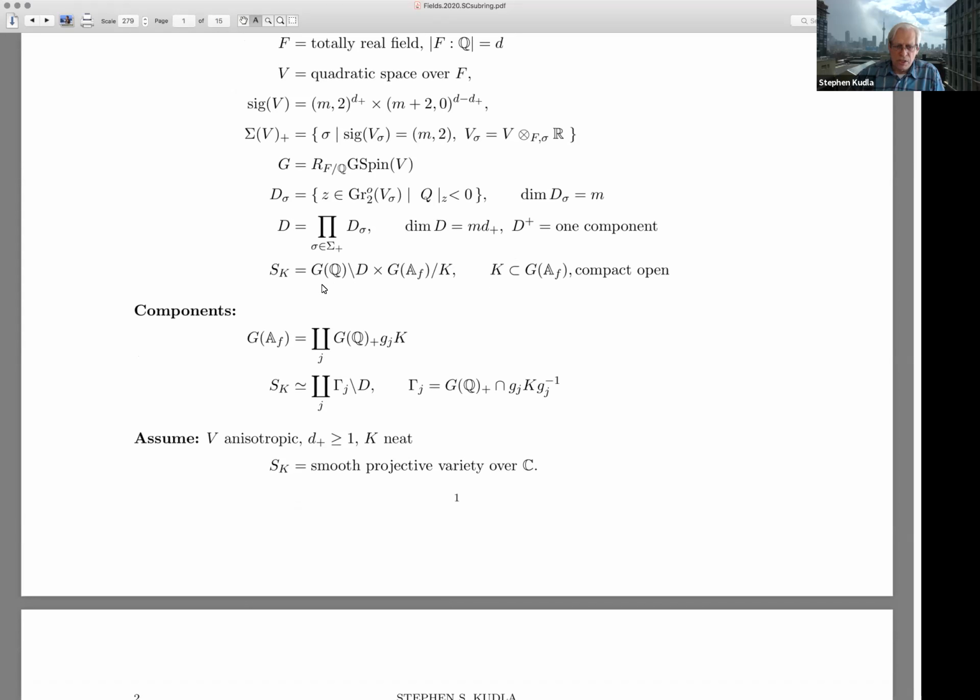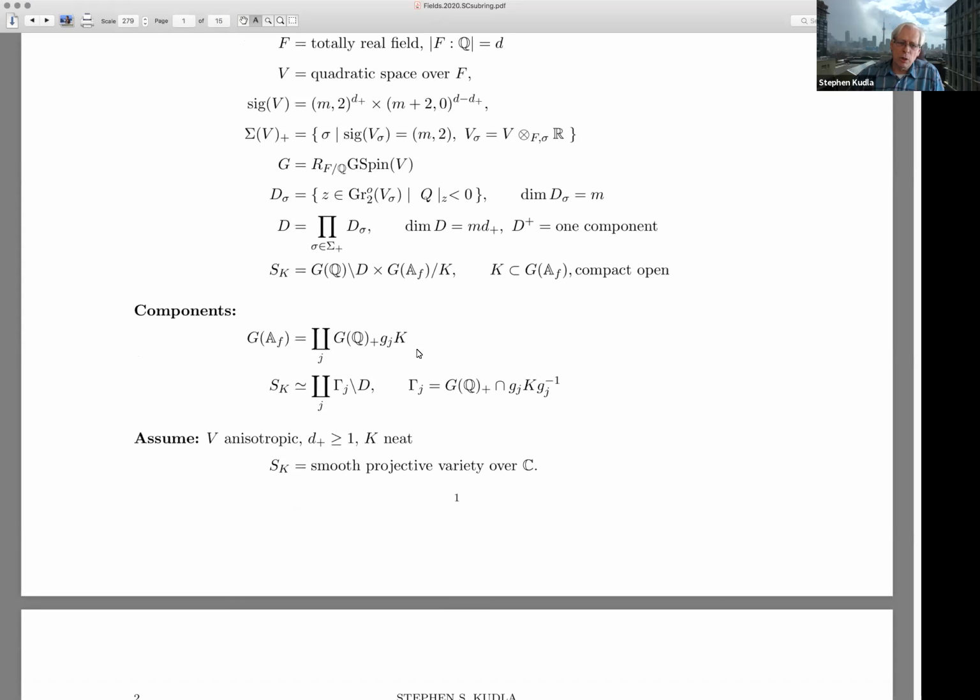In any case, notice that this variety here is a Shimura variety as opposed to a connected Shimura variety. The point is that if you write the finite adeles in this way, so remember I've restricted scalars, so I can talk about G_Q. G_Q plus is the things with totally positive spinor norm.